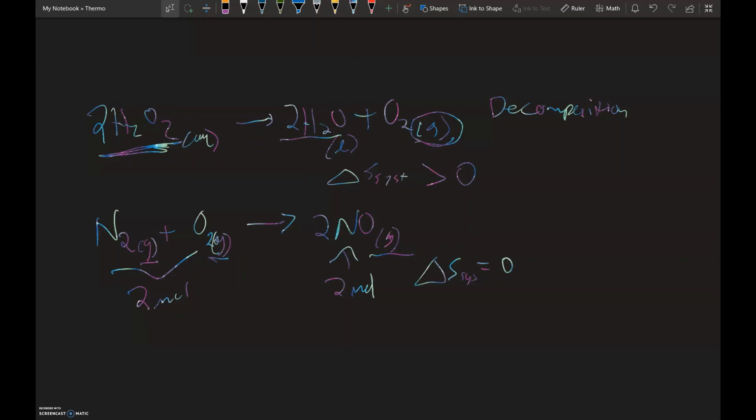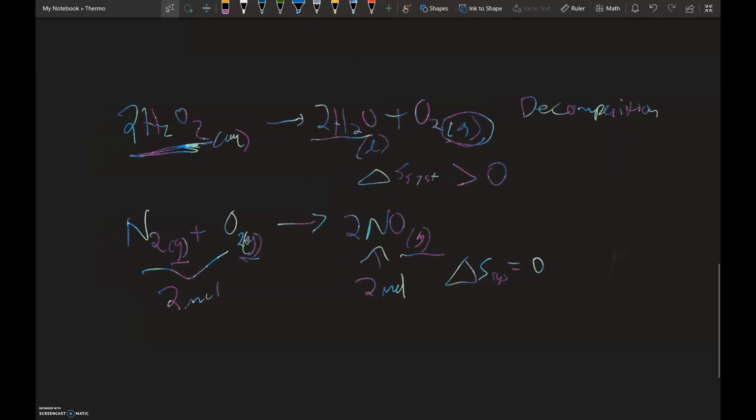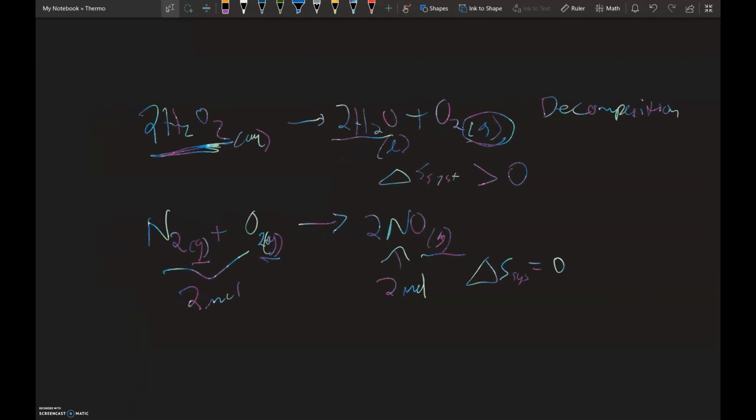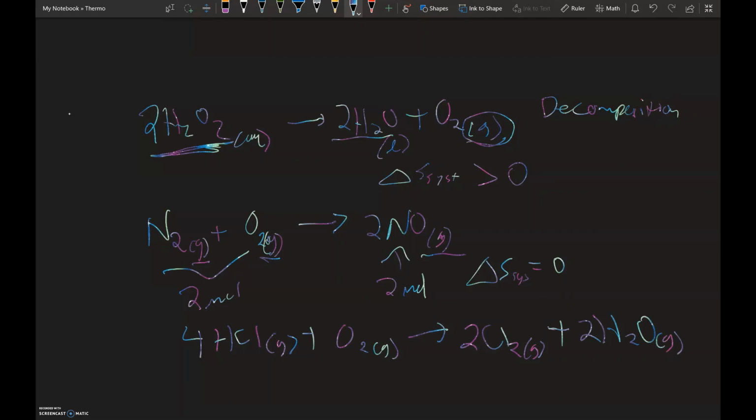Now, I'm going to throw a question up for you guys. It's just a spontaneous question. We have 4 moles of HCl reacting with oxygen gas to form 2 chlorine gas molecules plus 2 water gas molecules.